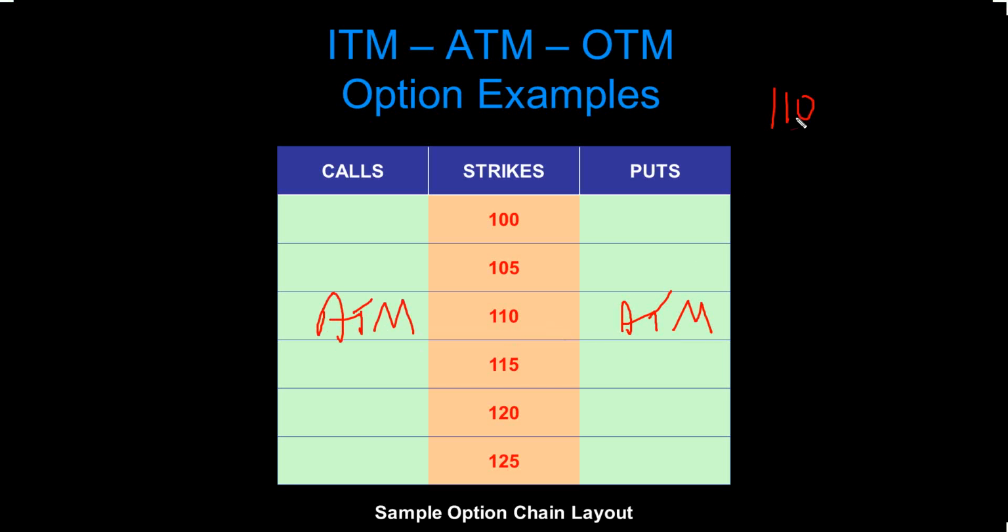If the stock, let's say, is not 110 but $100, then a 115 put, what do you guys think that's going to be? Or a 120 put or a 125 put? If I bought a put with a strike price of 125 and the stock is at 100, is that in the money? You bet. That's way in the money right there.